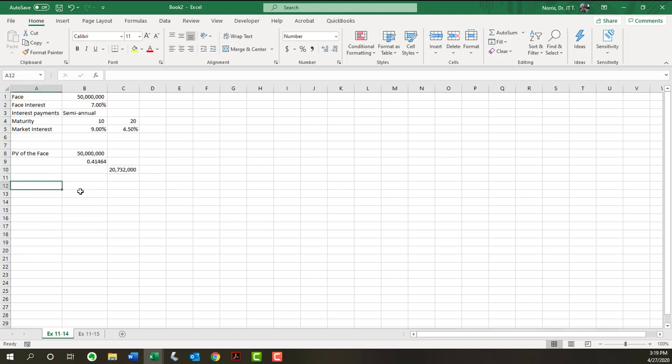Then the present value of the annuity is going to be the 50 million times the face interest rate divided by 2. So that's going to be a semi-annual payment of 1,750,000.